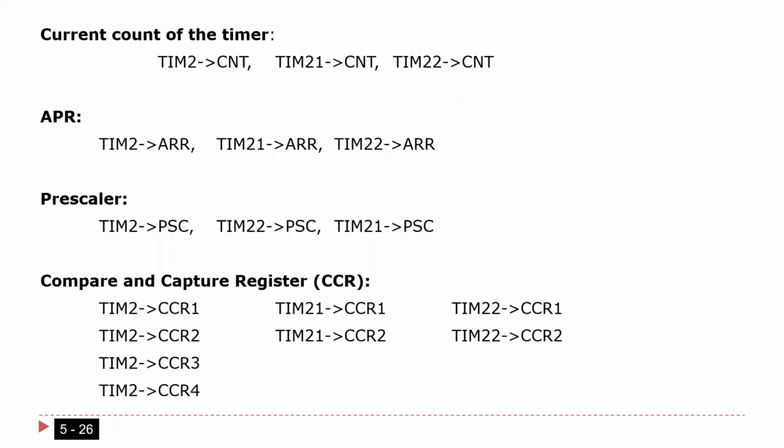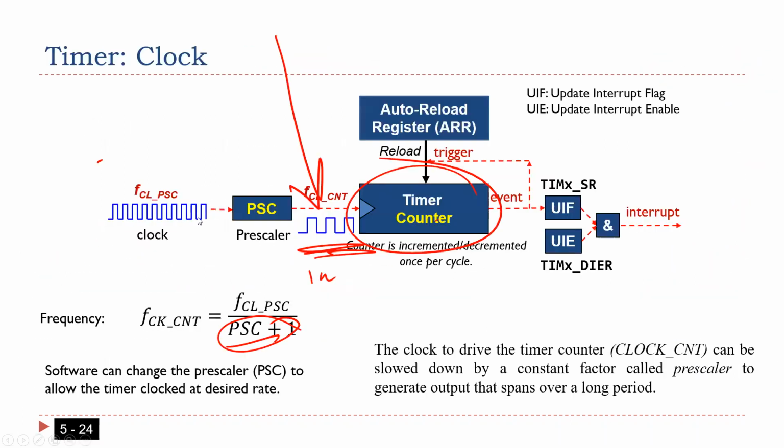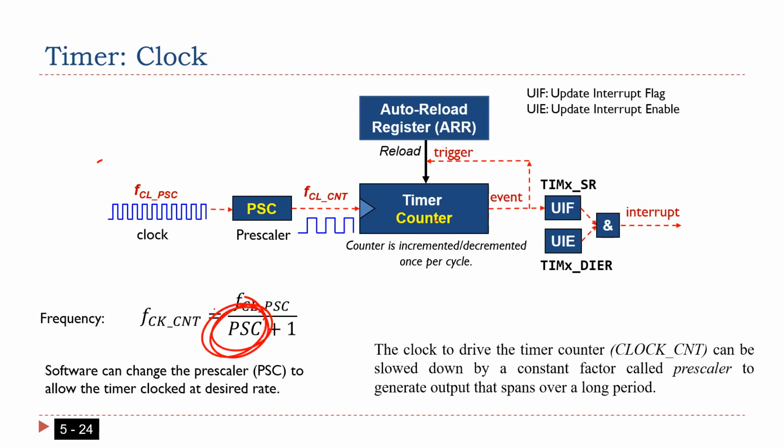So now, you told me all I have to do in order to program the counter. Number one, where is the prescaler? It's just a register, and using it I can control the frequency of the timer.